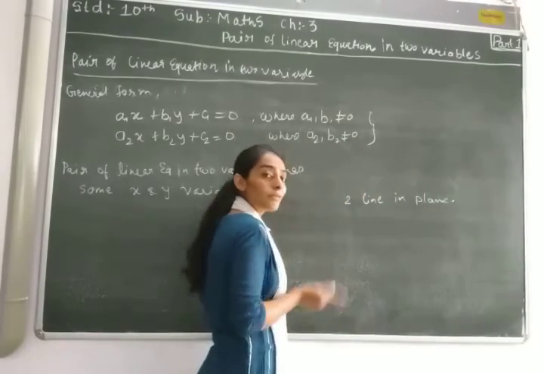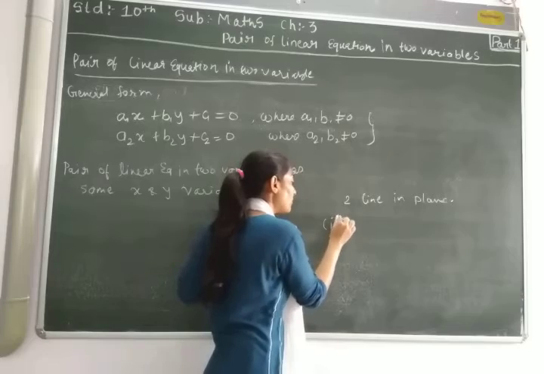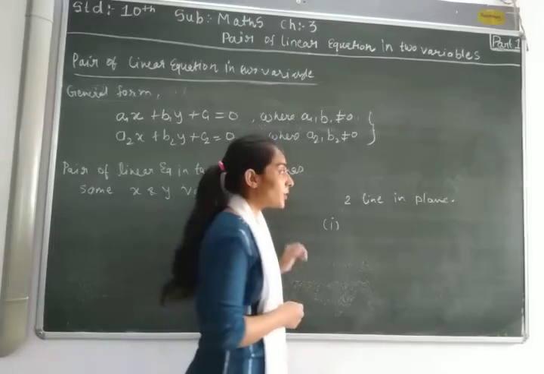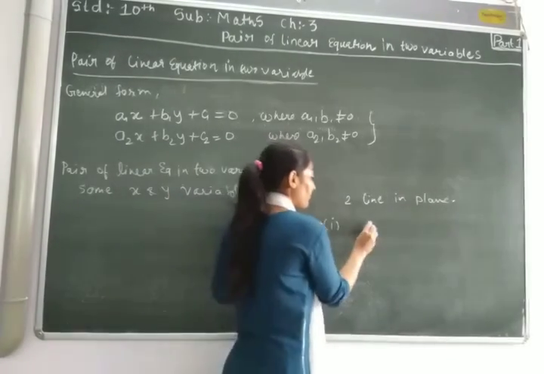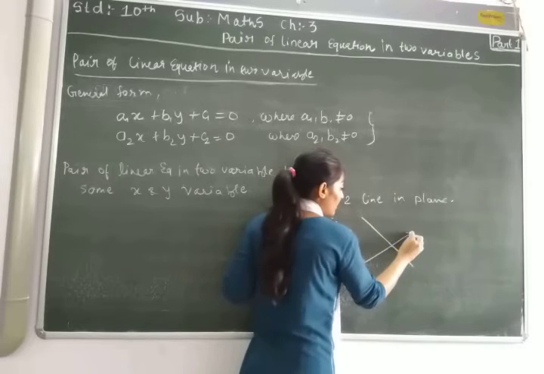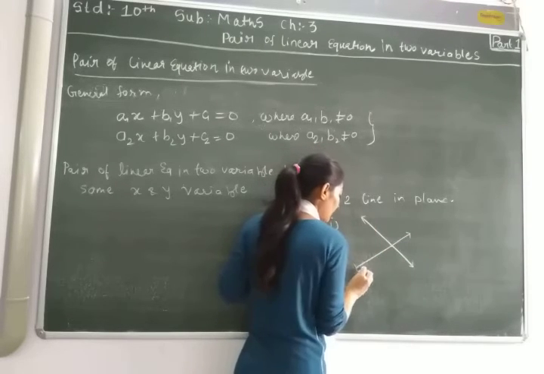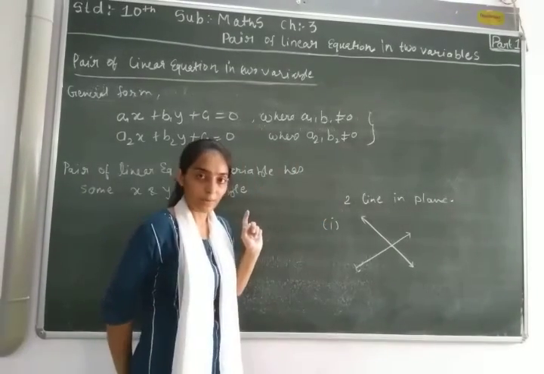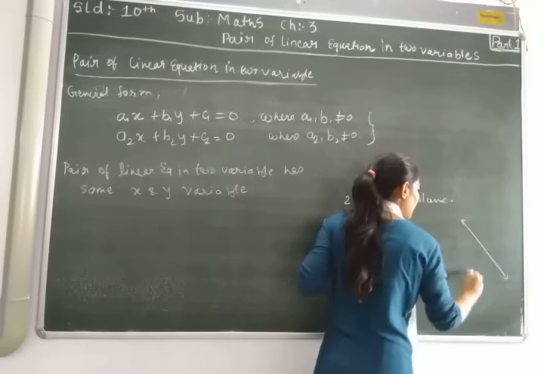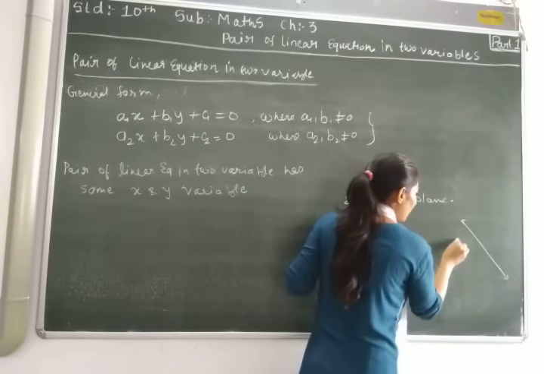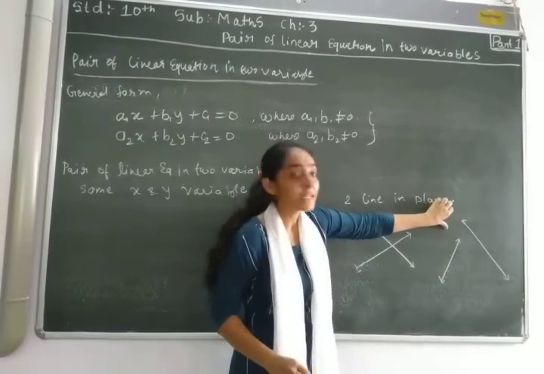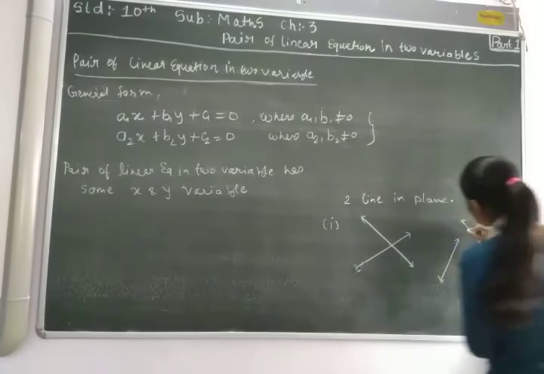So, the first thing you have observed is that when you draw a graph of two lines, either they can intersect, like that. If my graph is this way and somewhere like this way, this one is also intersecting when you extend its tail.